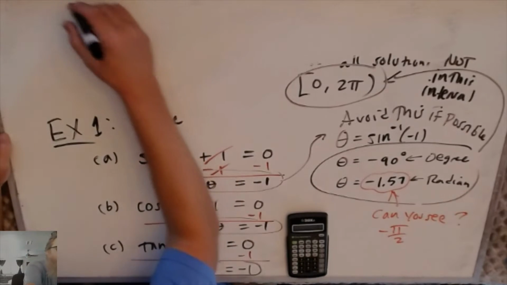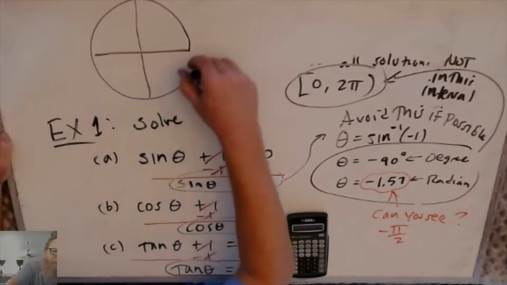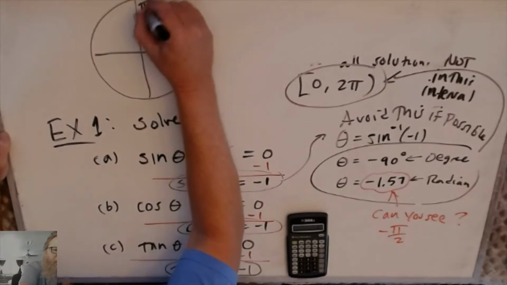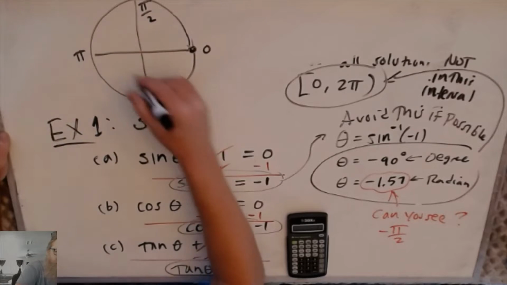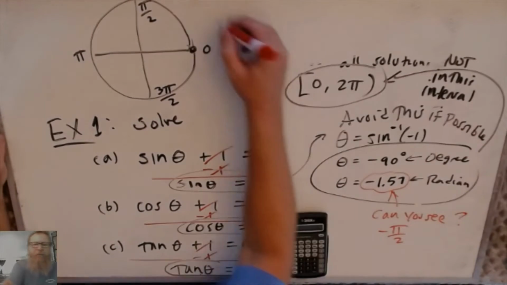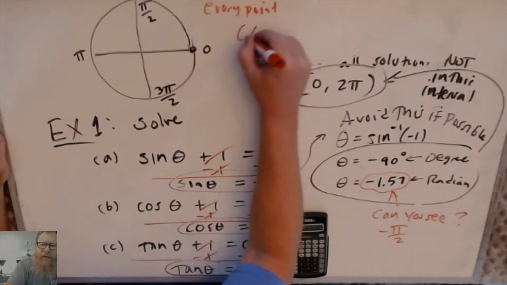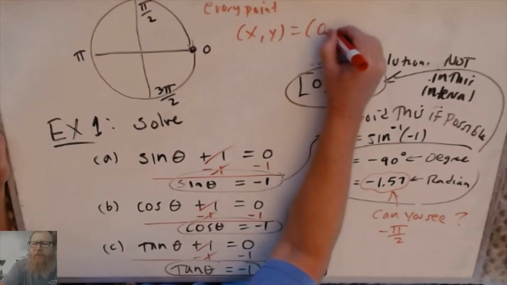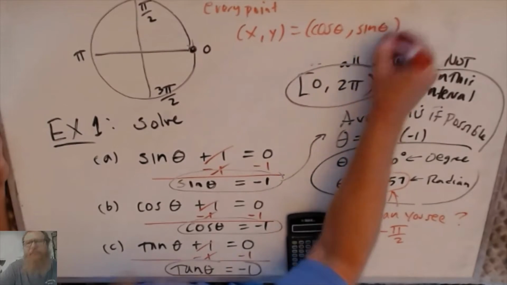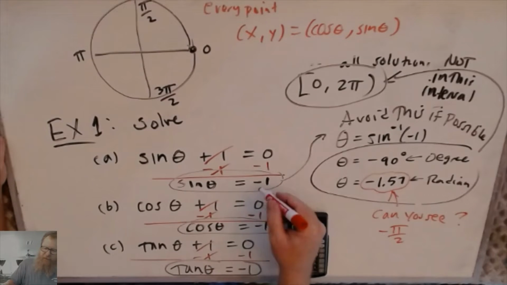So the best way to do it is to draw a unit circle. You've got your 0, pi over 2, pi, 3 pi over 2. And then remember, every point x, y is equal to cosine theta, sine theta. It's a much easier way of thinking about it. So what do you have here?